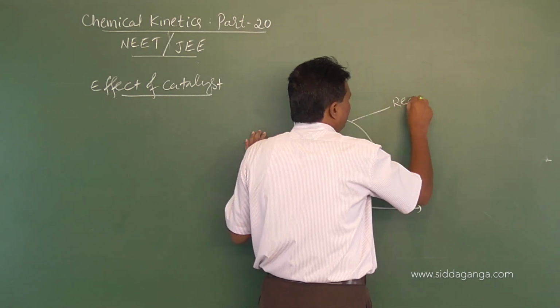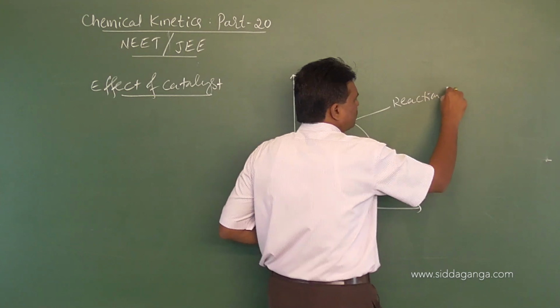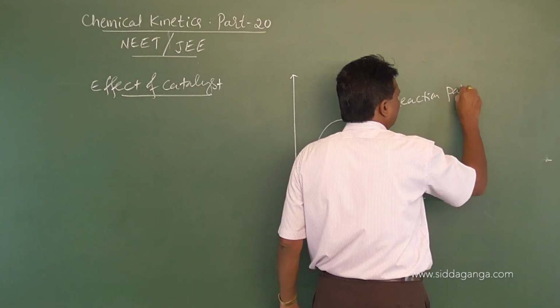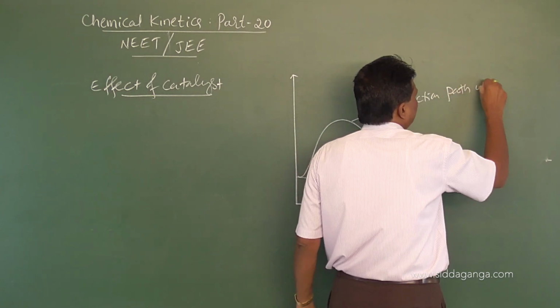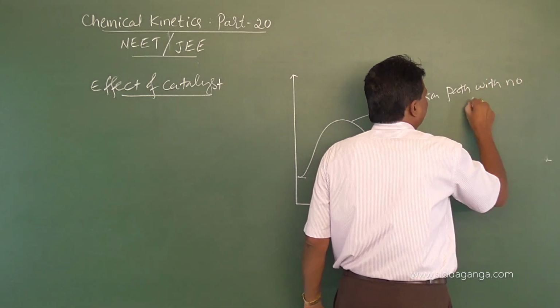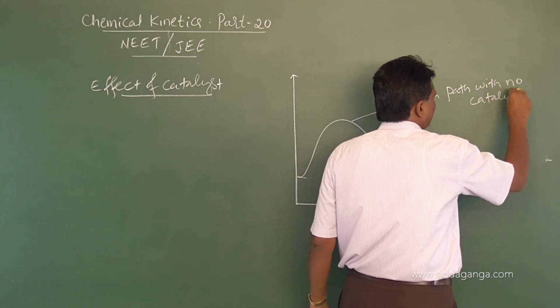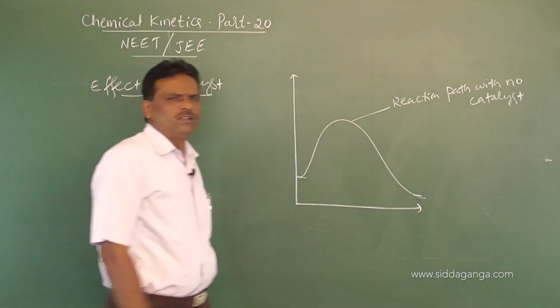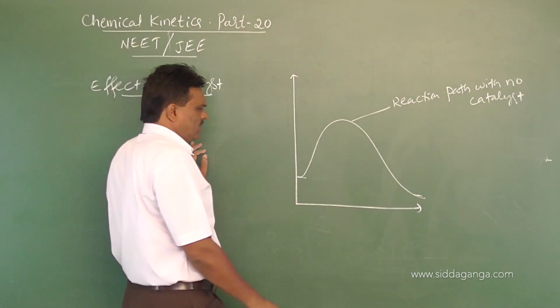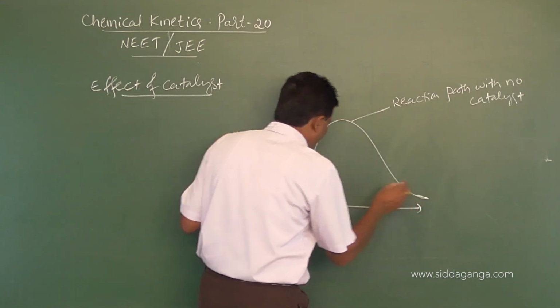So this is the reaction path with no catalyst. This is the product.